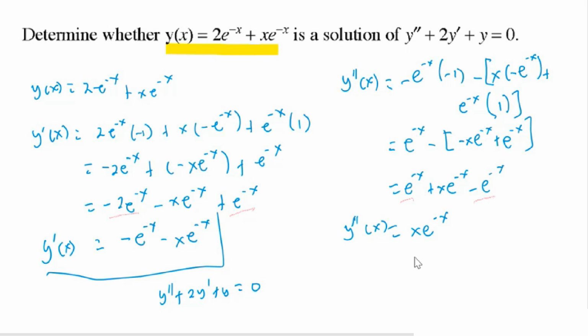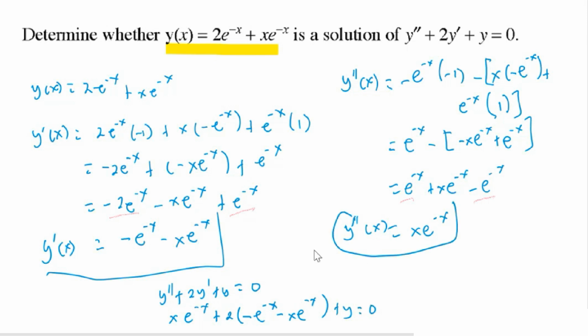So y double prime means x e raised to negative x, plus 2 times y prime, which is negative e raised to negative x minus x e to the power of negative x, plus y, is equal to 0. Now we are going to simplify this. We copy the first term and simplify the second term. So we have x e to the power of negative x.